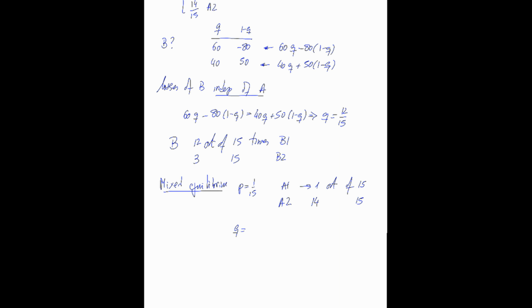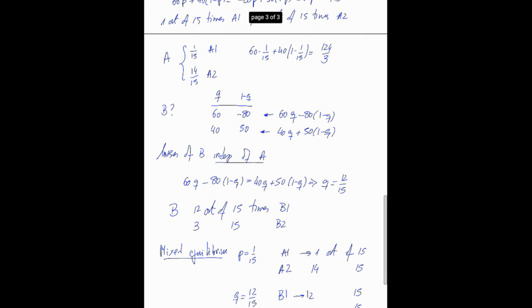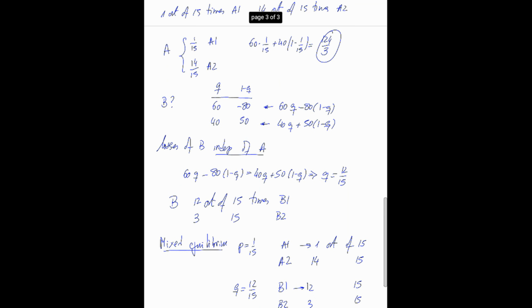Q is equal to 12 over 15, which means B1 is played 12 out of 15, and B2 is played 3 out of 15. And we have the value of the game, which is what we computed earlier, 124 over 3.